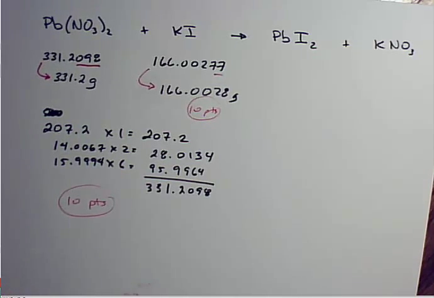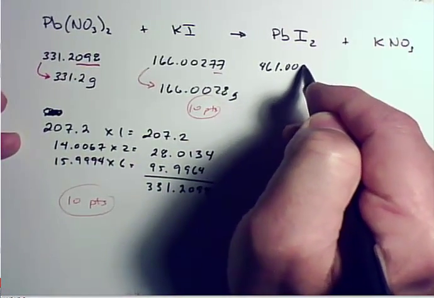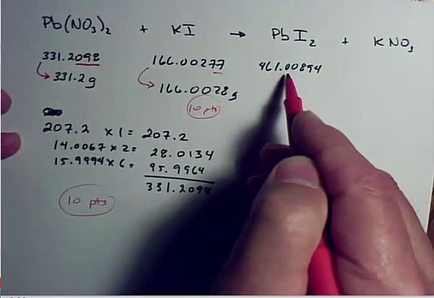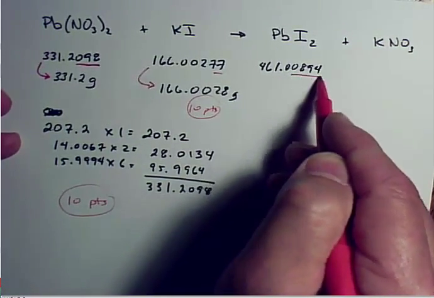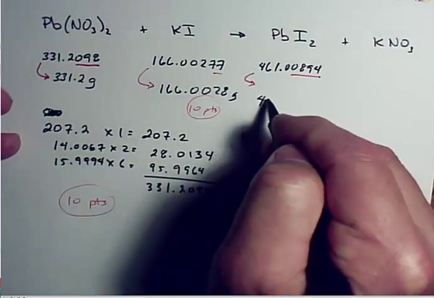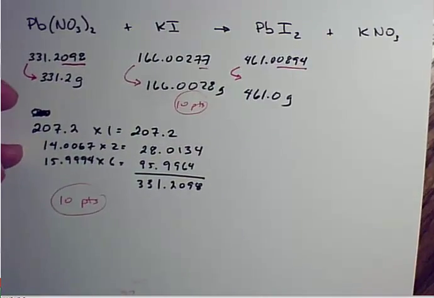And I get 461.00894. All but the first digit after the decimal get rounded off. And so we get an answer that's 461.0 grams. Okay, that's the molar mass for that.